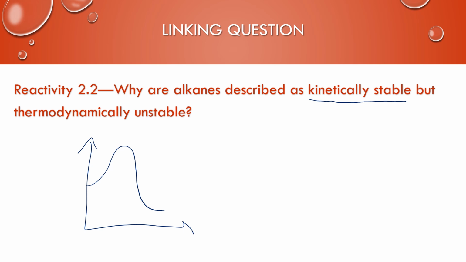And so this would be where the alkanes, and this might be a halogenoalkane produced from the free radical substitution, have a pretty high activation energy, but it winds up being thermodynamically favorable overall because there's a release of free energy. And your products wind up at a more stable state energetically.